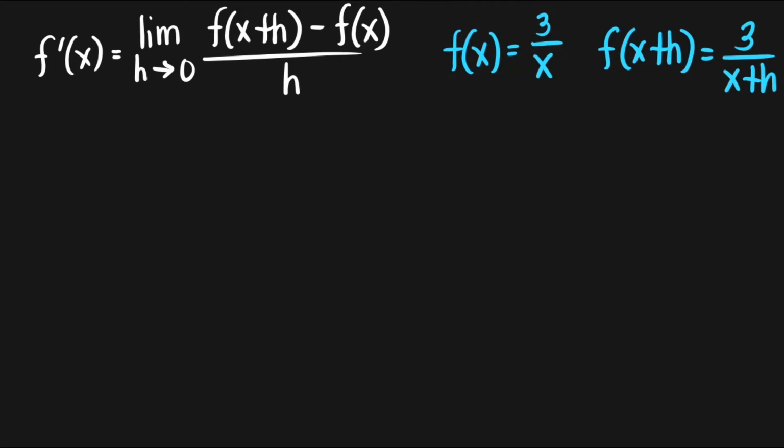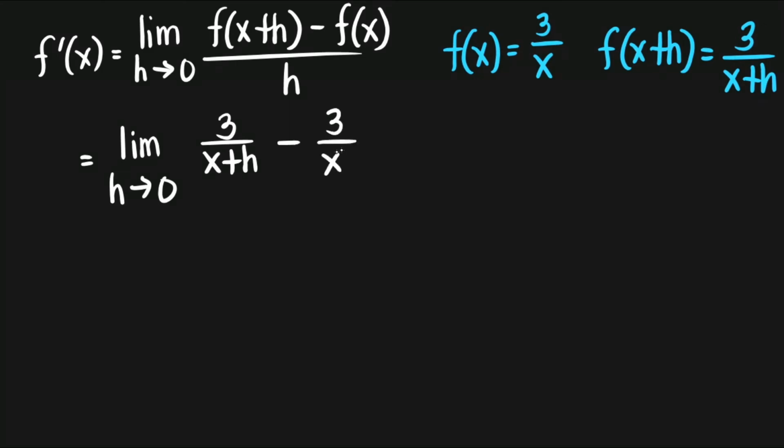What you want to do next is to substitute 3 over x and 3 divided by x plus h to the formula. We have the limit as h approaches 0 of f of x plus h is 3 over x plus h minus the given function 3 divided by x all over h.